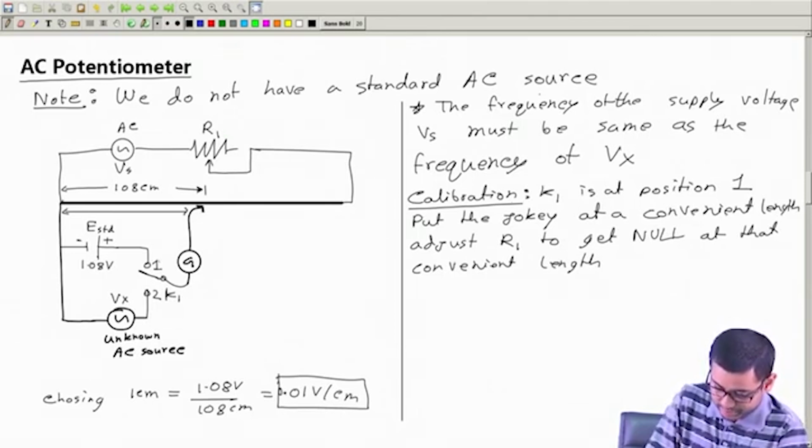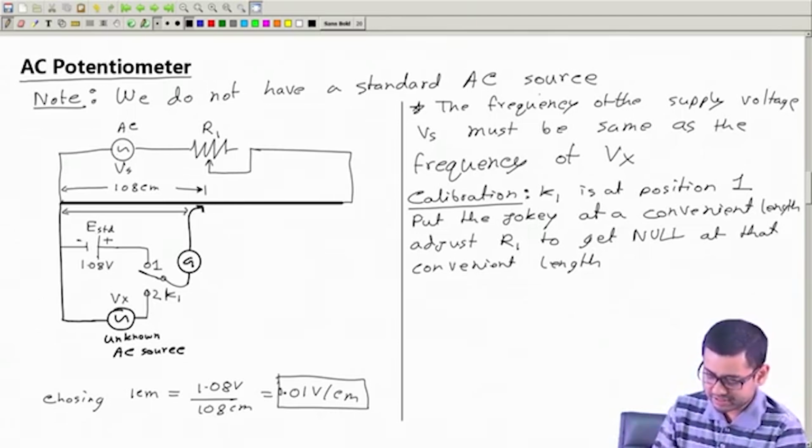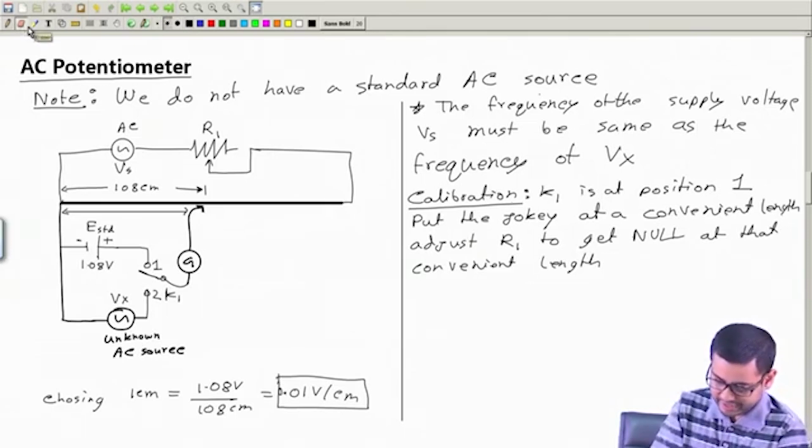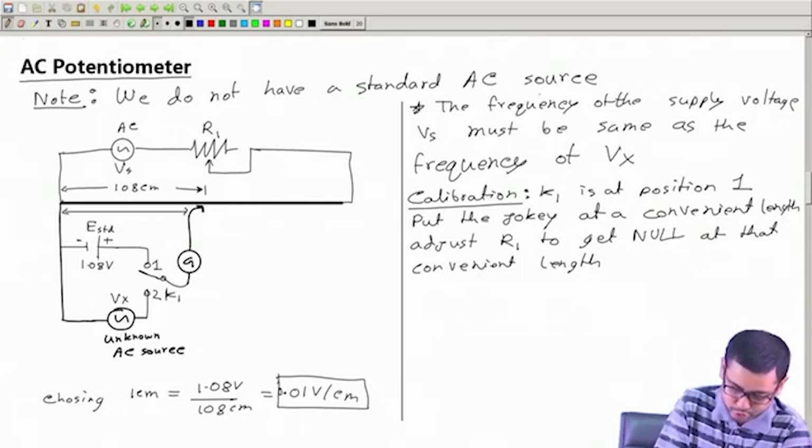But now there is a problem. The problem is this is now DC, this is AC. We can never get a balance. Therefore we also need a DC source here, but we need an AC source for measuring this unknown. So we will have two sources.